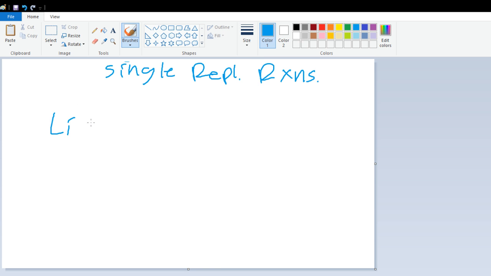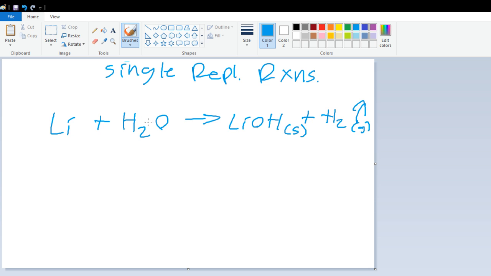Lithium added to just straight up cold water is going to create lithium hydroxide and hydrogen gas. These are the most reactive of the bunch, such as lithium, rubidium, barium, potassium, and others.